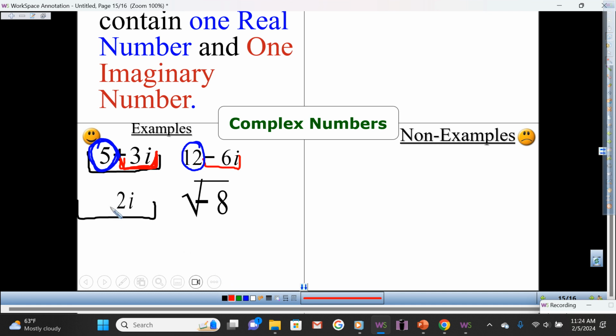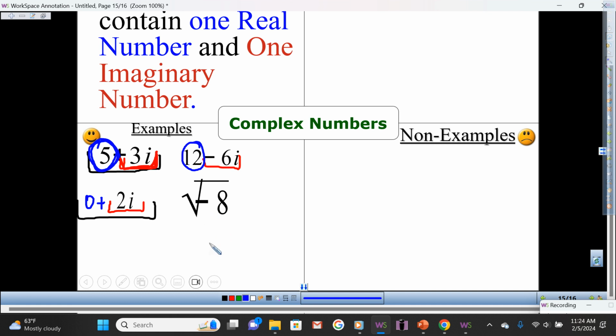The 2i, yes, that's the imaginary. So which one's the real? Nothing. Can't be nothing, but it's close. Jacob M. 0 is correct. Plus 0. That is correct. That's my real number.